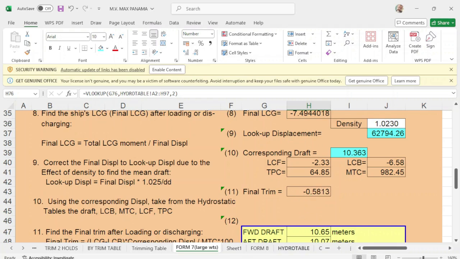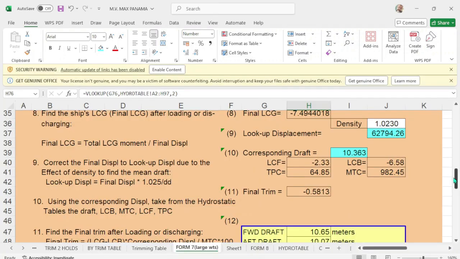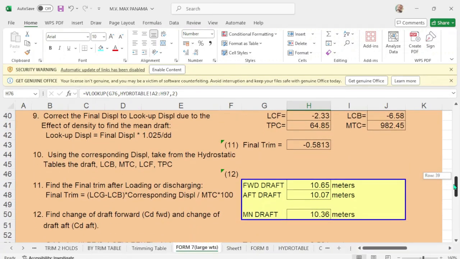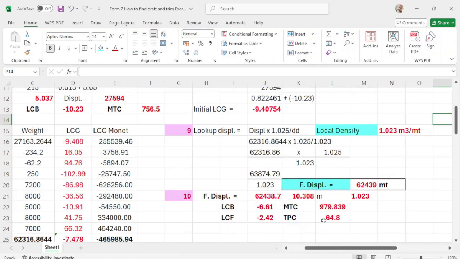So my trim is, okay, number 11. Number 11 is how to get the final trim: LCG minus LCB, times your displacement, over MTC times 100, which is this one, guys. So I have already this figure.